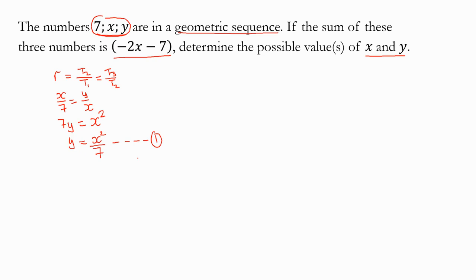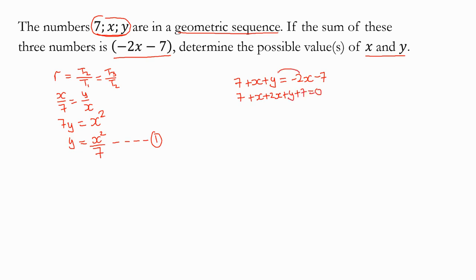Right, and then the second piece of information says, if we add these three terms, we must get negative 2x minus 7. So we're saying 7 plus x plus y is equal to negative 2x minus 7. We can simplify our equation so that it looks nice. So we can say 7 plus x plus 2x plus y plus 7 is equal to 0.